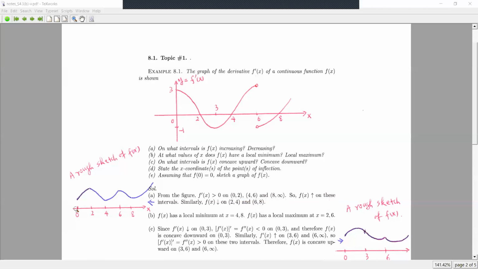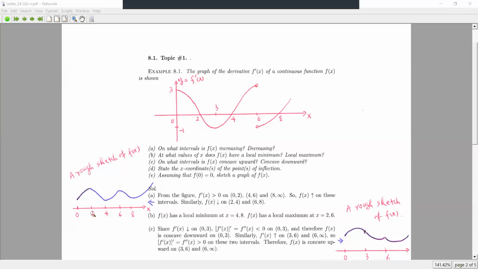So from 0 to 2, I draw an increasing curve. 2 to 4, decreasing curve, and then increasing, decreasing, and then increasing. Now, from this rough sketch of the function f, I can answer B.